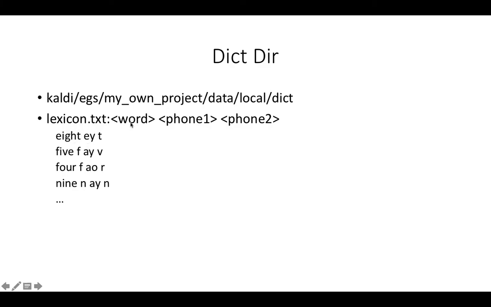The lexicon contains in the first column the individual word, followed by its corresponding phonemes. For example, for the word 8 there are two phonemes, a and t, and similarly for 5 there are 3 phonemes. So in general, the lexicon contains words with corresponding phonemes. We have to create this file.